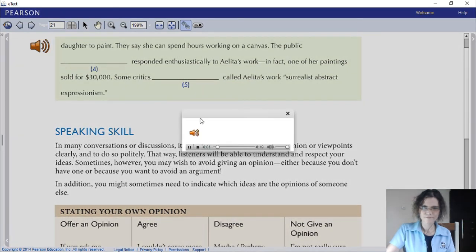They say she can spend hours working on a canvas. The public has responded enthusiastically to Alida's work. In fact, one of her paintings sold for $30,000. Some critics have called Alida's work surrealist abstract expressionism.